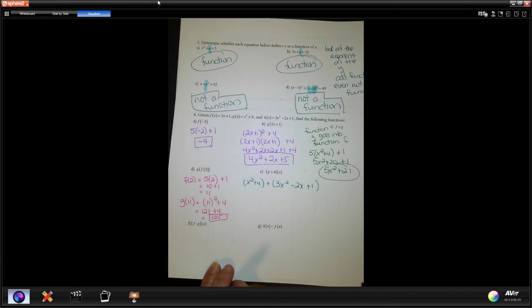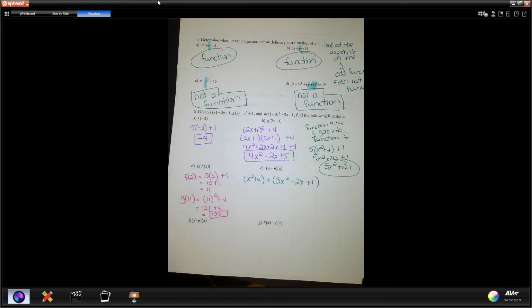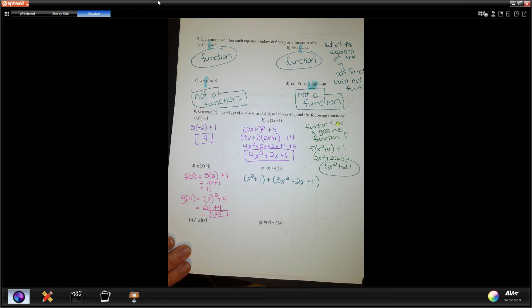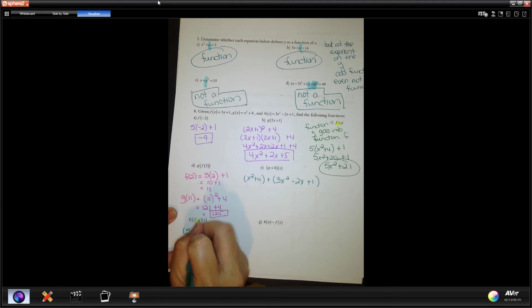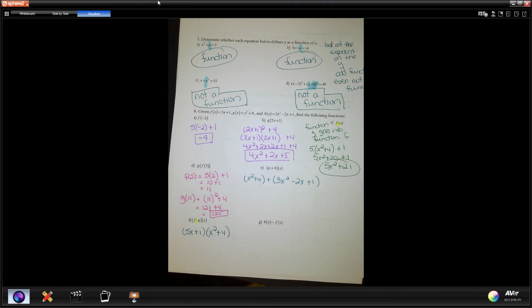This is the one where we do need to note that our notation is very different from letter C. This one is a composite function, with that open circle. Just the little dot means multiplication. So f times g of x, that is simply 5x plus 1 times x squared plus 4, and from there we would just double distribute or FOIL that one out.